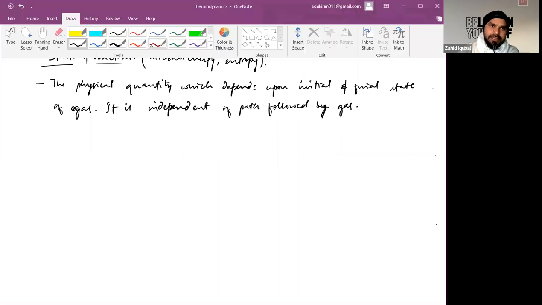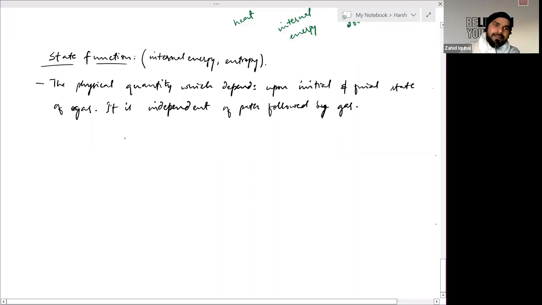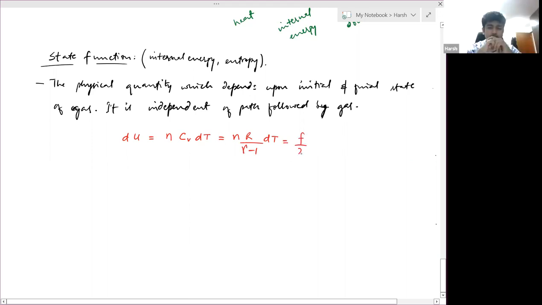So on the basis of this property, we may write dU is equal to n, number of moles, times Cv dT, which is also equal to n times R over gamma minus 1 times dT. You may write it in terms of degree of freedom as f by 2 multiplied by number of moles n R dT.